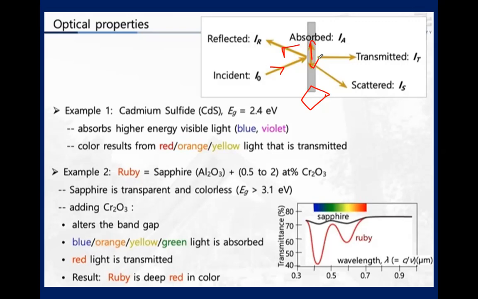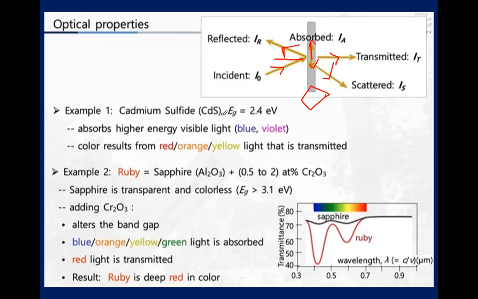So those wavelengths you never see coming out from that particular material, right? Some wavelengths are allowed to be transmitted out, and some are scattered, I mean, in different directions. You can see they are moving after reflection, refraction, right?